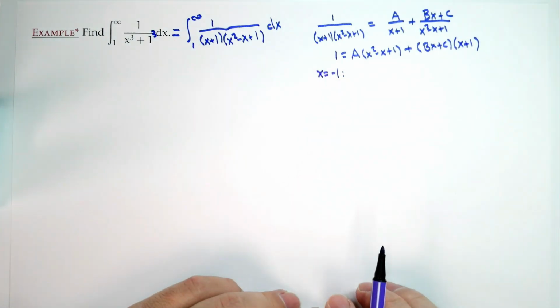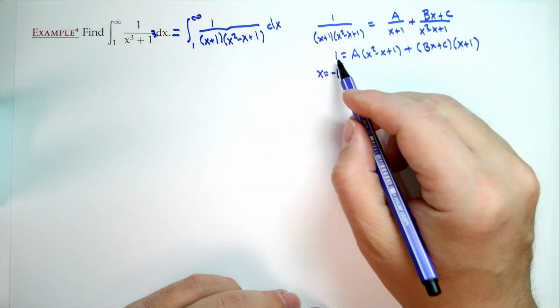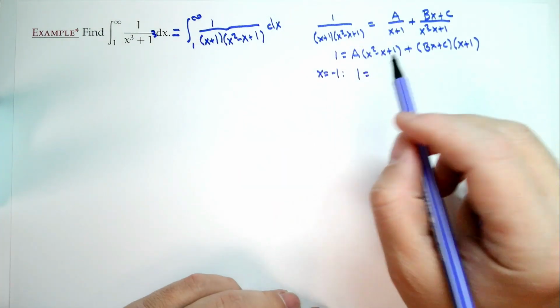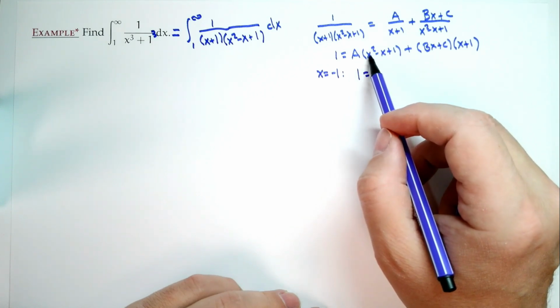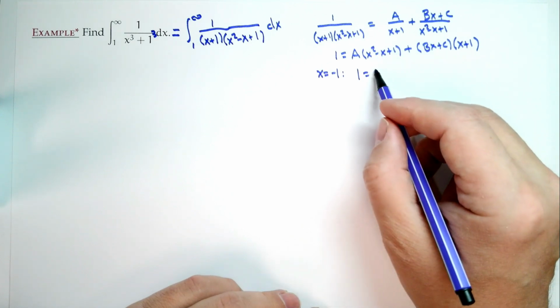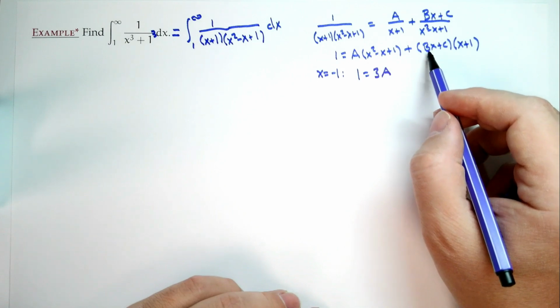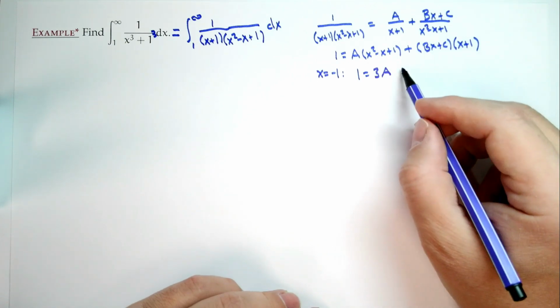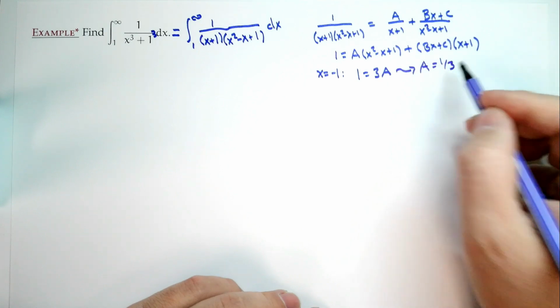Well, if x equals minus 1, what do we get? We get 1. Here we get a, then there's a minus 1 squared, which is plus 1, minus 1 plus 1, and plus 1. So that's 3a. Then we get negative b plus c times 0. Oh, that's nice. So that says that a is 1/3.